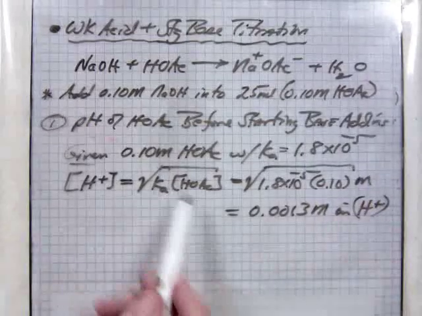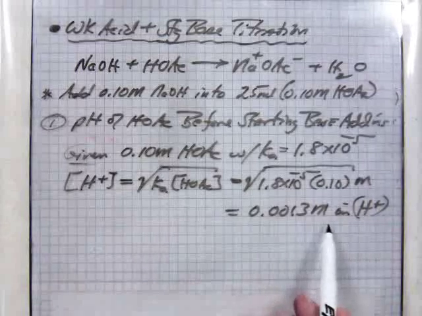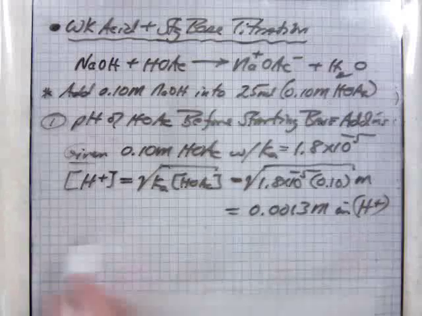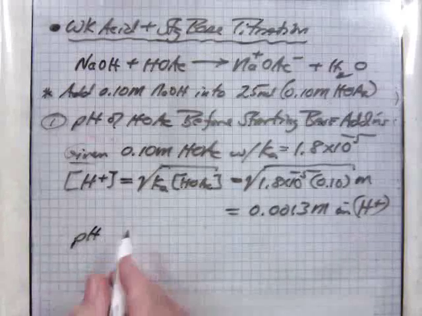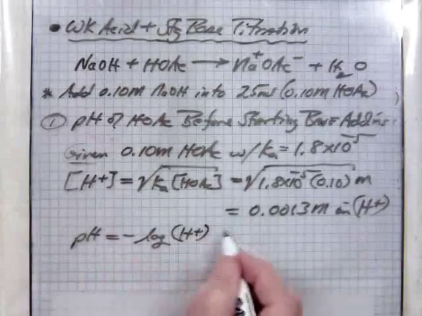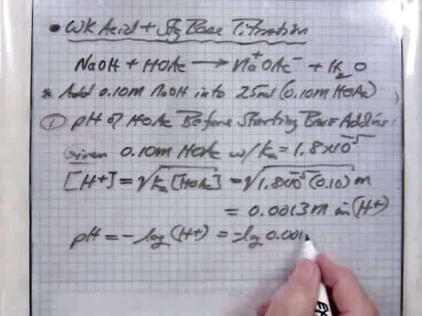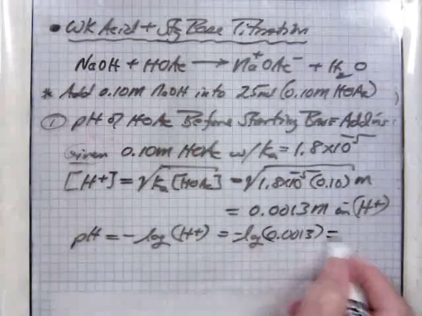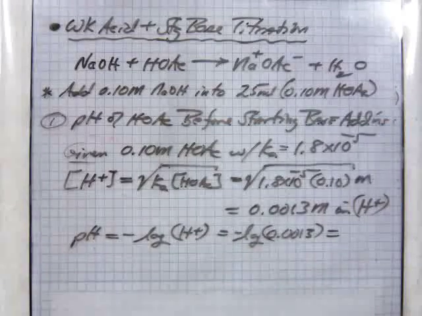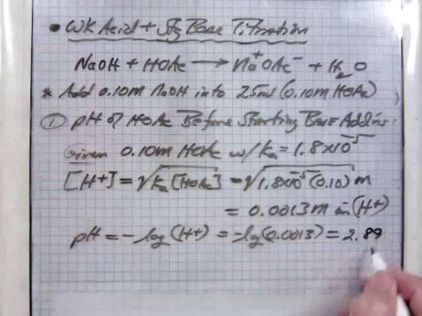Even though the acid is 0.1, it can only deliver 0.0013 molar in hydronium ions. So the pH before addition is 2.89.